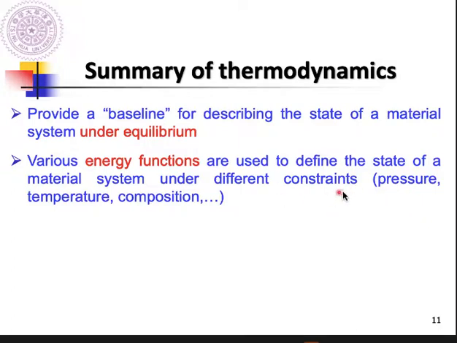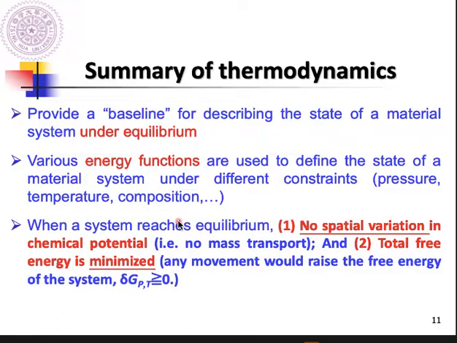Because under different conditions there are probably variations in pressure, temperature, and composition of your system. And when the system reaches equilibrium, it must meet some criteria. First of all, no spatial variation in chemical potential.